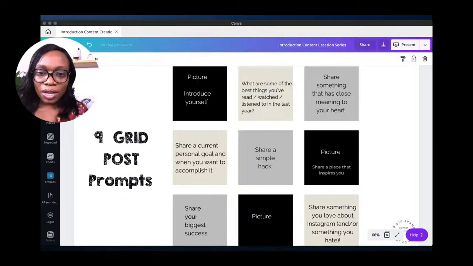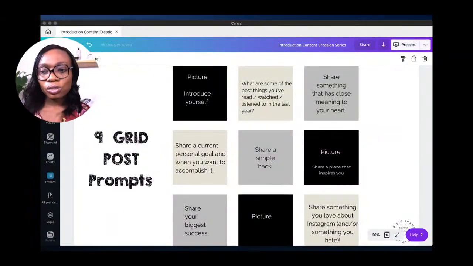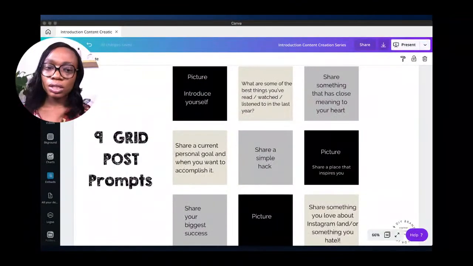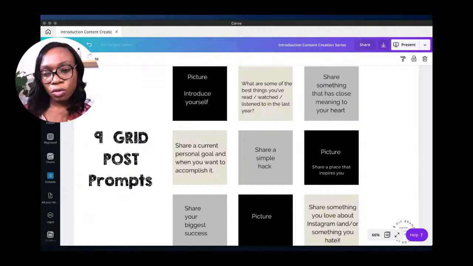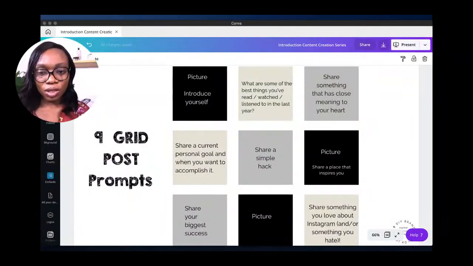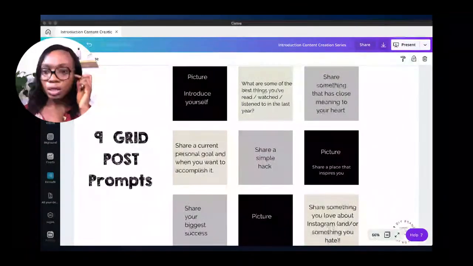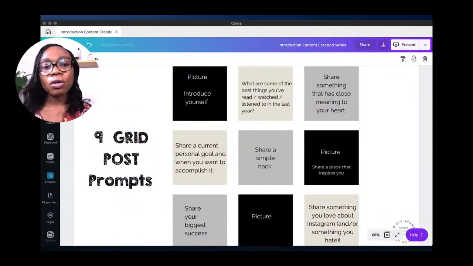You can share that. Picture a place that inspires you. You could just share a place that inspires you. It could be the stage presence of someone that has done something, a worship experience that you liked. Share your biggest success. For that one, being able to host your first live event can be done. A picture could be of you, of something you love.